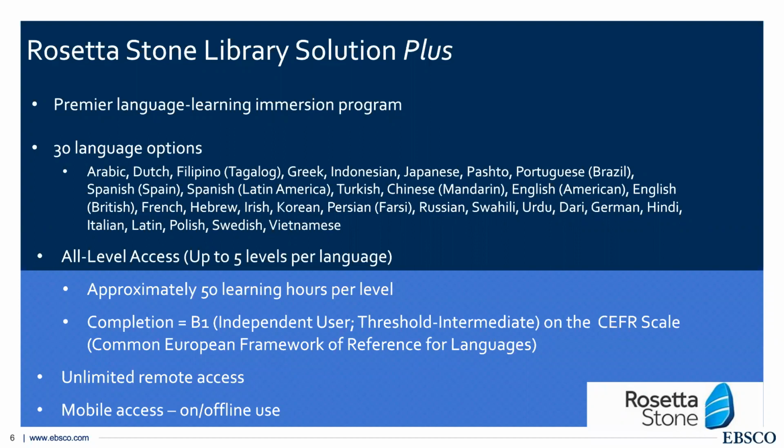That B1 user rank amounts to an independent user, or rather a threshold intermediate language learner status, which basically means that upon completion, users should be able to hold a conversation with a native speaker in that new language, watch a video, a movie, a TV show, and function in common situations like shopping and dining or travel in your foreign country with your new language.